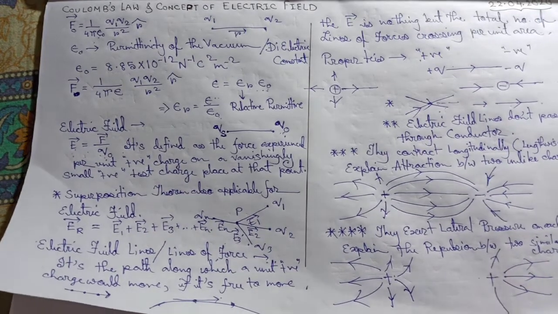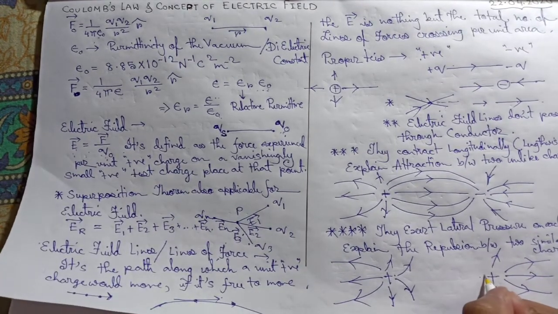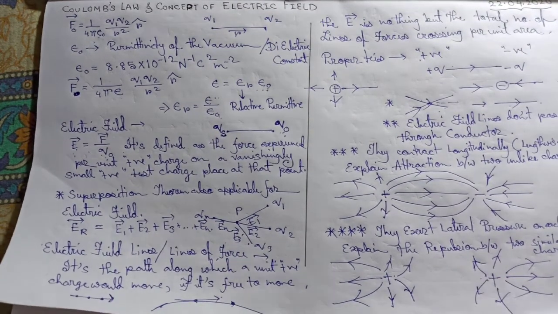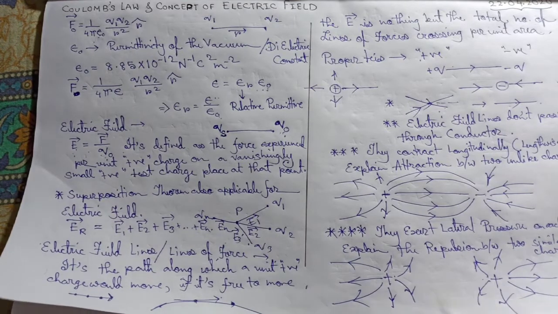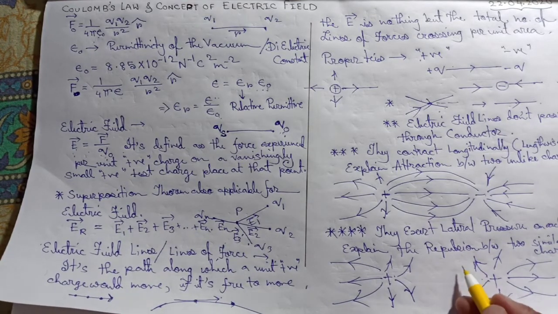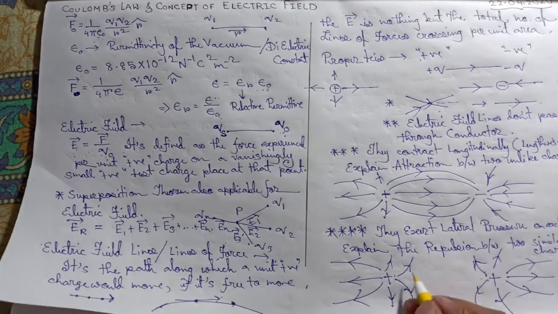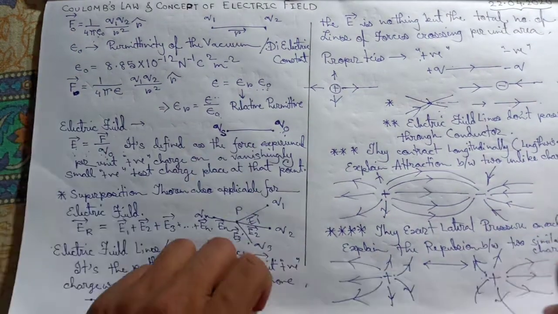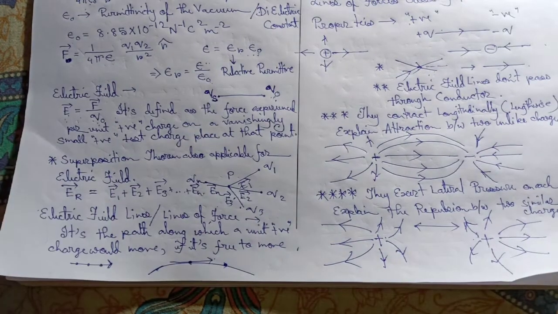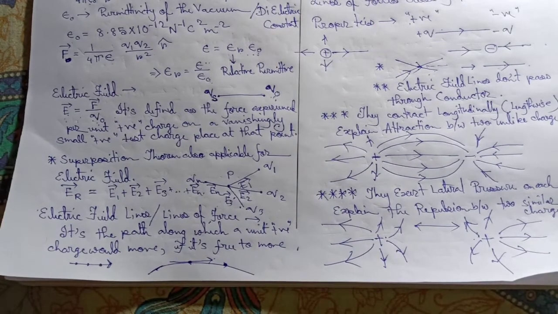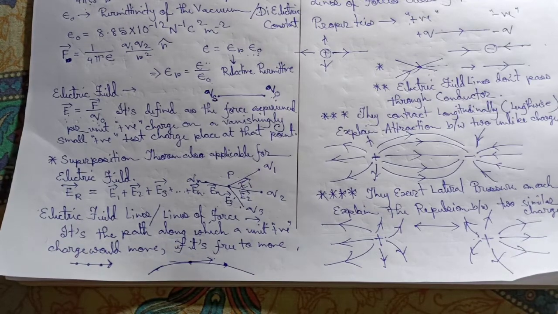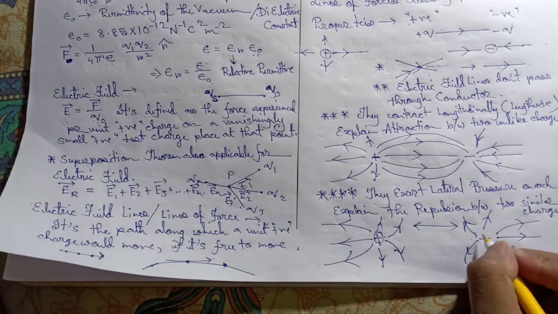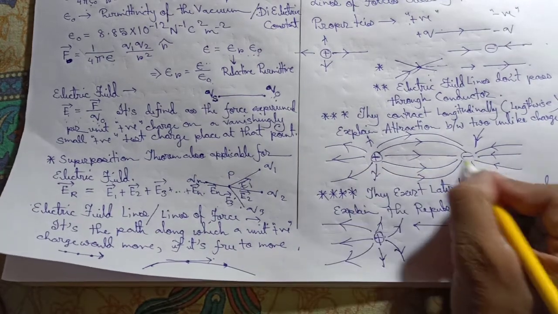So the electric field lines will be like that. Look at the electric field lines: they laterally exert pressure on each other. They are just going out, so they are trying to repel each other. By this explanation we can say that similar charges always repel each other.